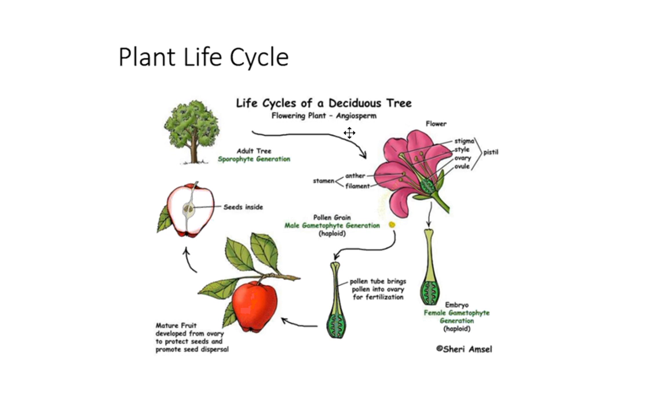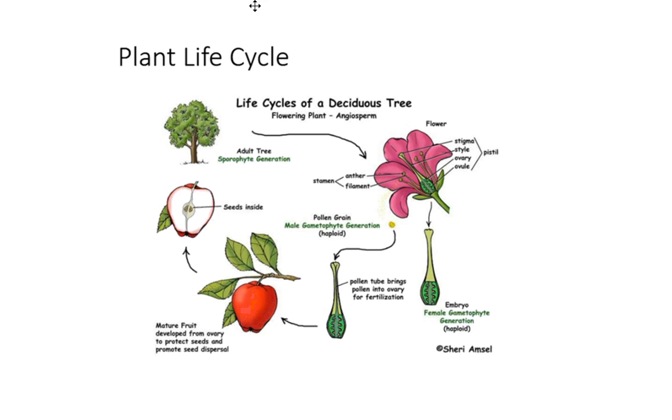Gametes is just a fancy word for sex cell. And so the plant produces both the sperm and the egg through the process of meiosis. And those haploid gametes combine, creating this diploid zygote, and this is fertilization.